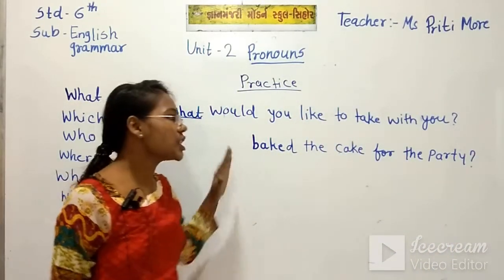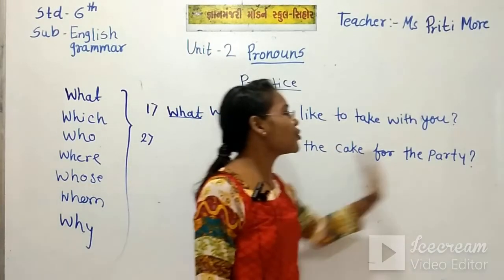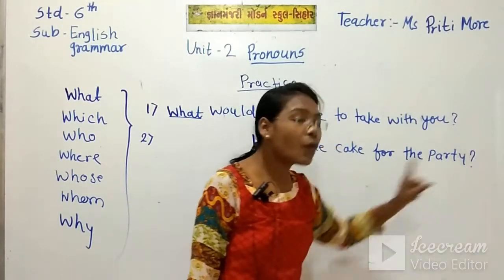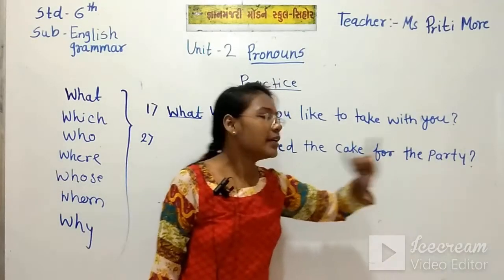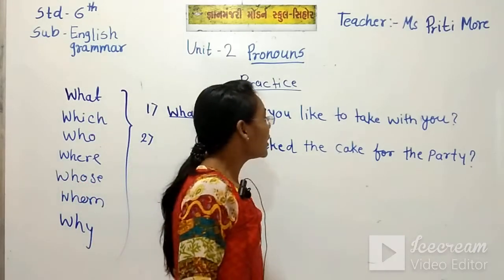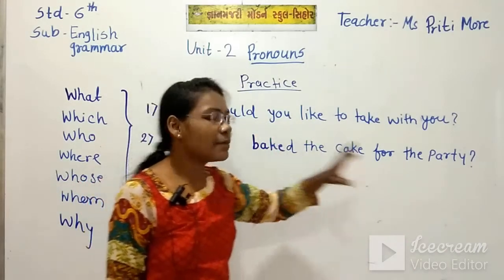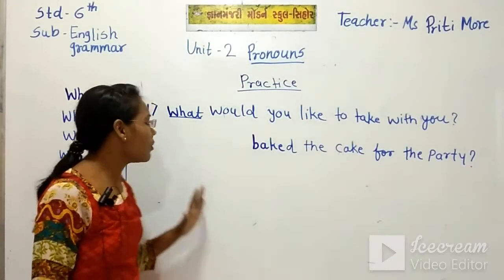For the interrogative sentence, the question mark is compulsory. Only then does it show that the sentence is a question. If you put only a full stop, it will not be a question. It will not be an interrogative sentence. It will be a simple statement. So you have to always put the question mark.